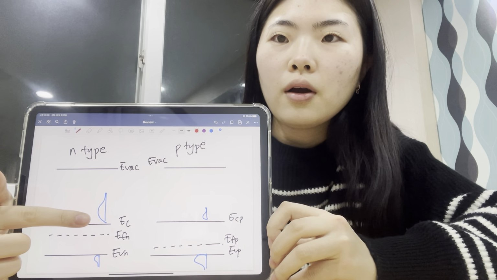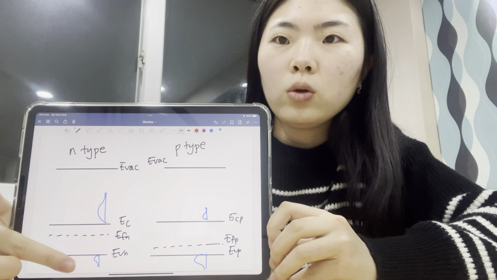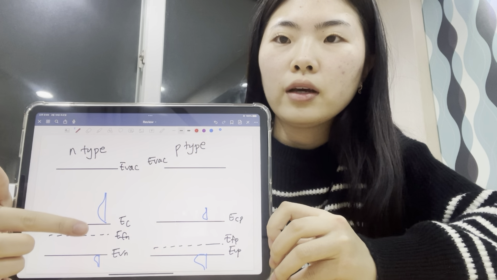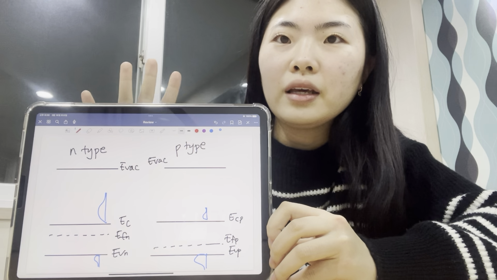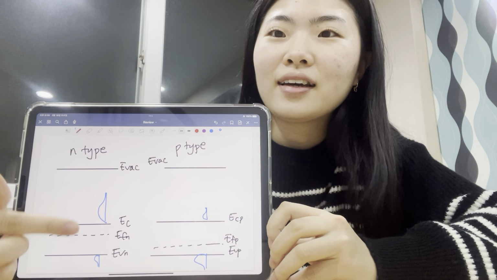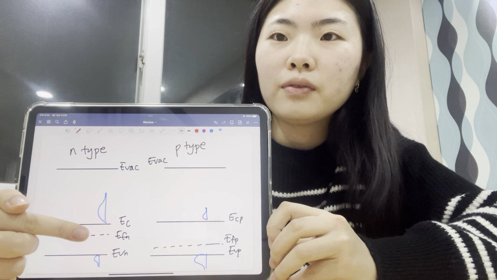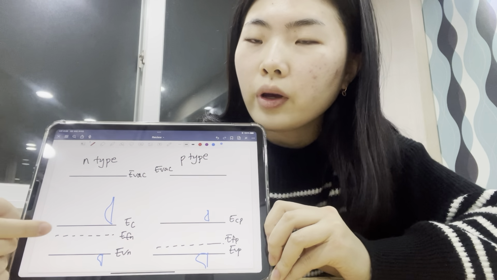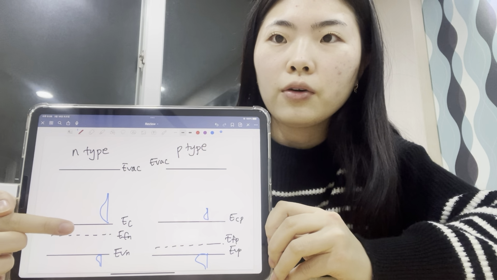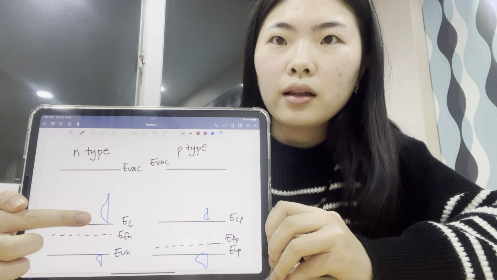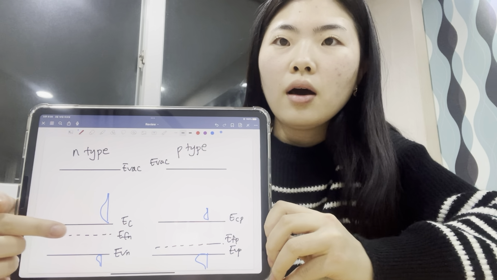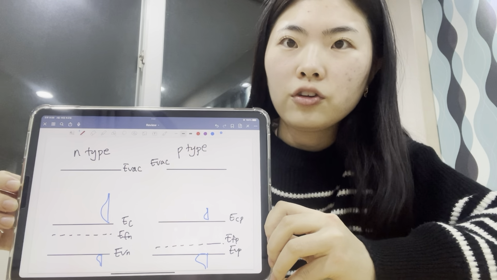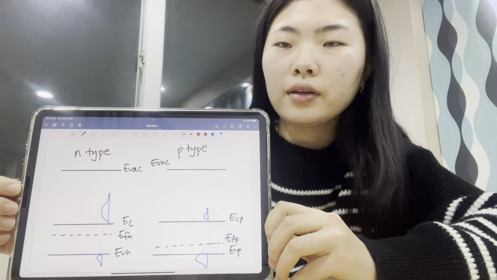Electrons are more than holes, so there is a big difference between the two concentrations. We should know this characteristic of N-type, that the electron concentration is much bigger than the hole concentration.